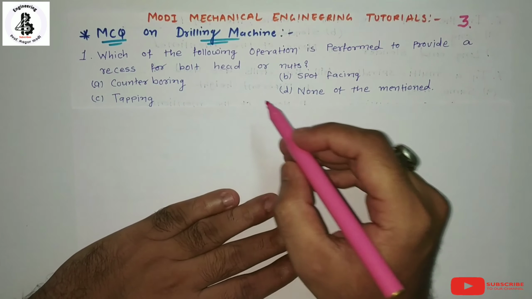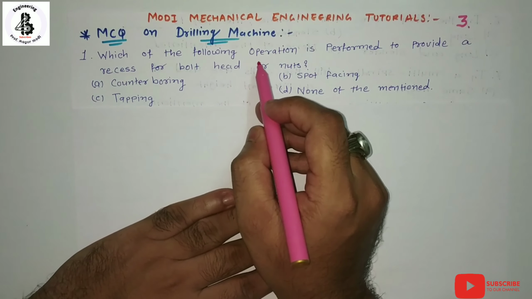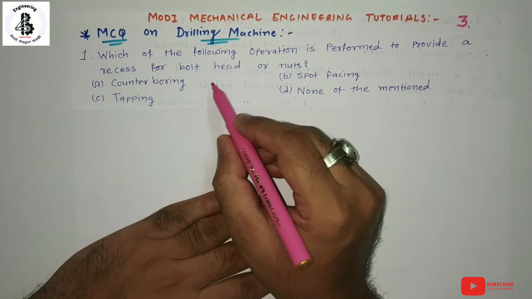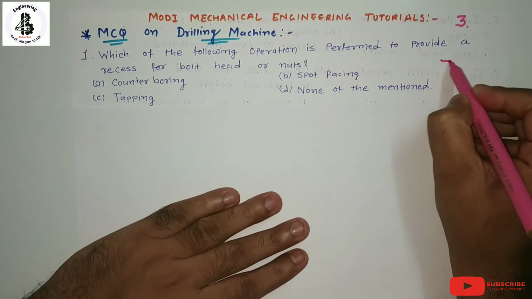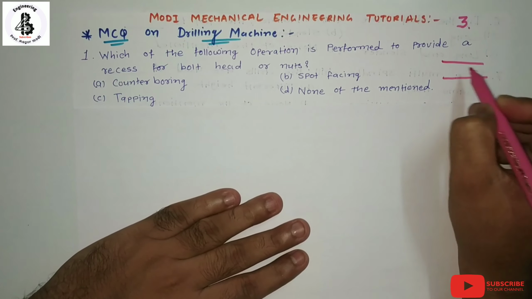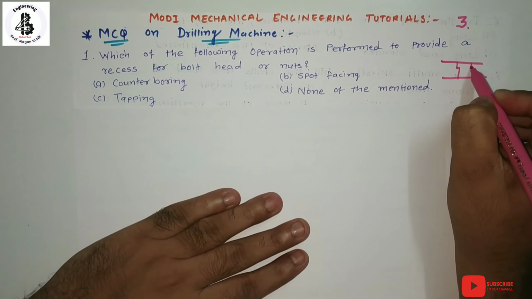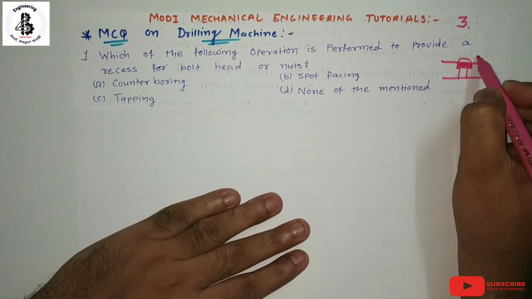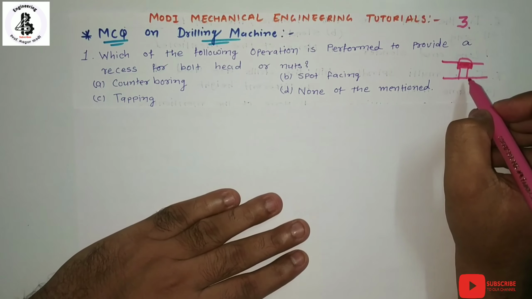Basically, this is one kind of operation performed to provide a recess for bolts and nuts. This is our workpiece, and according to this we provide the recess, this one, for the bolt or nut. Such operations are called counter boring.